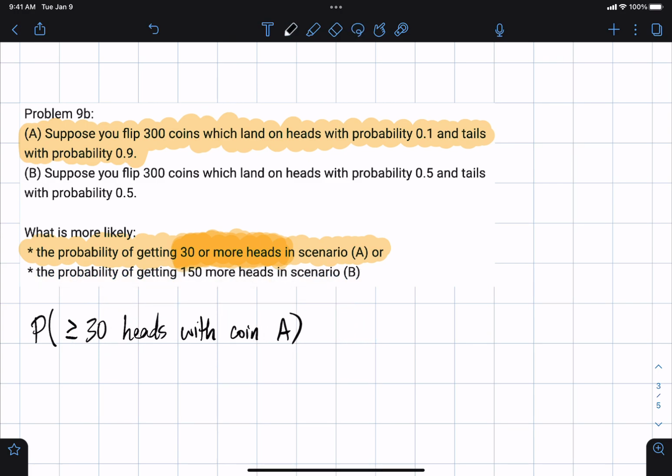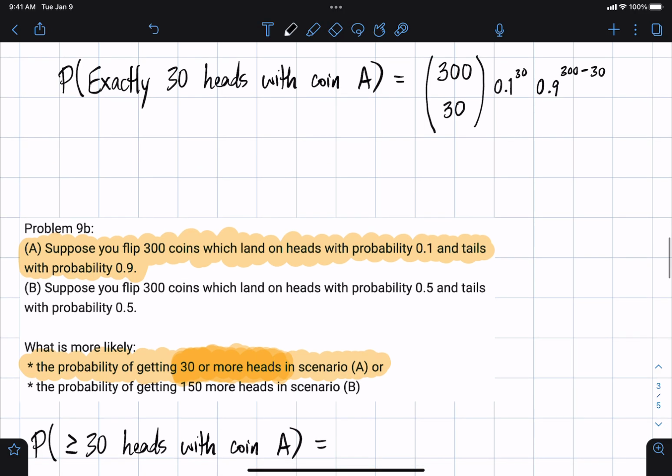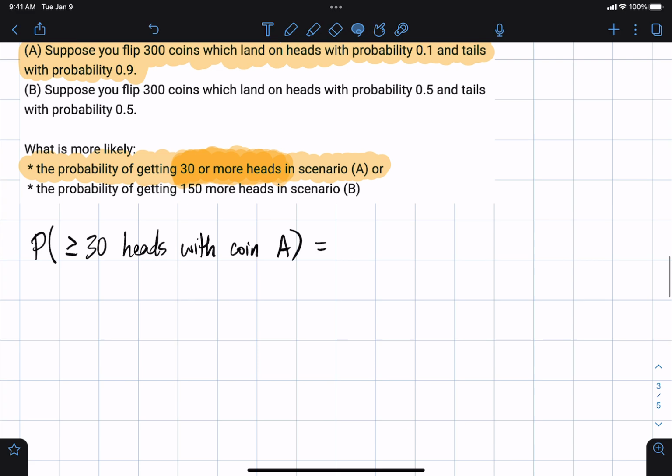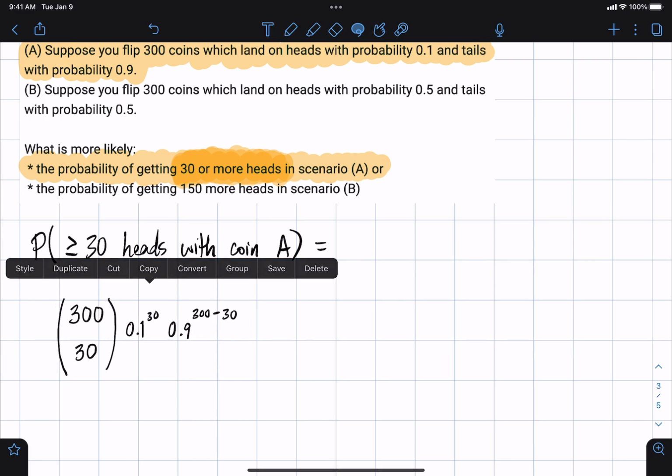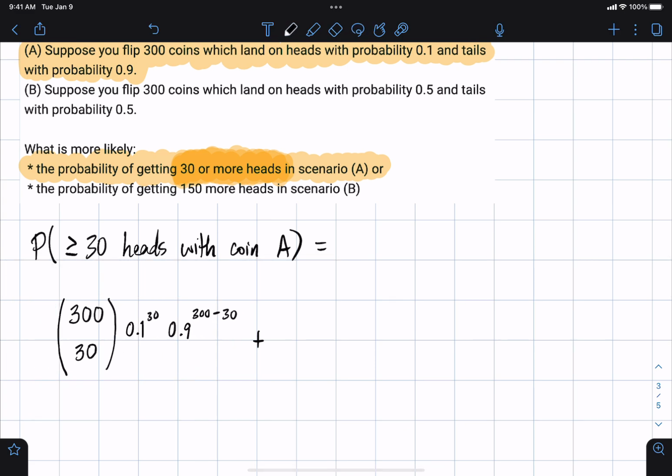is going to be equal to, well, this is the probability of getting 30 heads, or we could get 31 heads, so let's change all of these 30s to 31, or we could get 32 or 33, all the way up to 300.